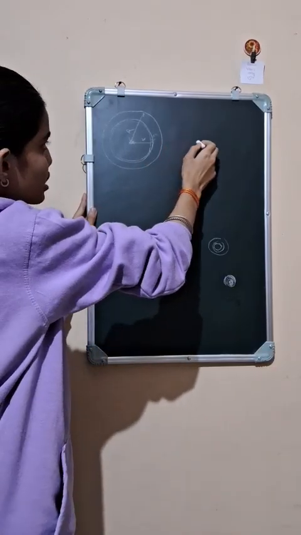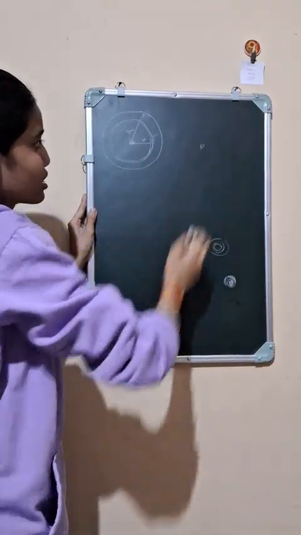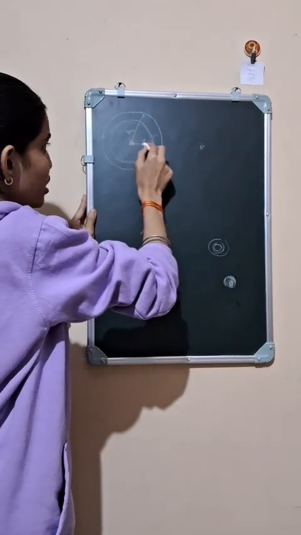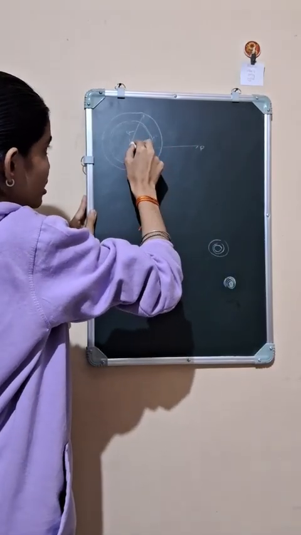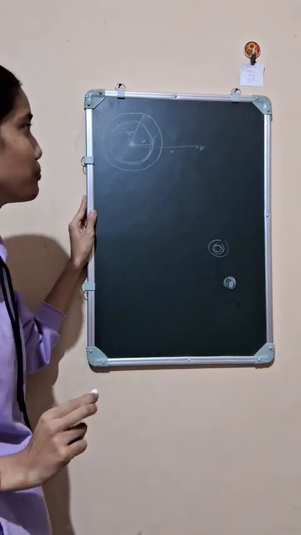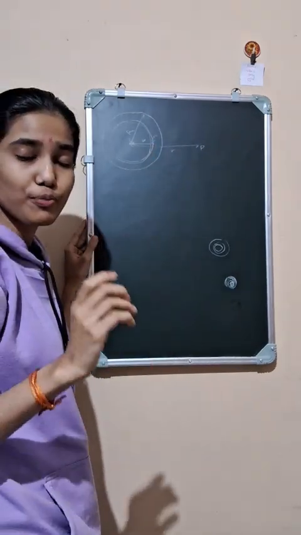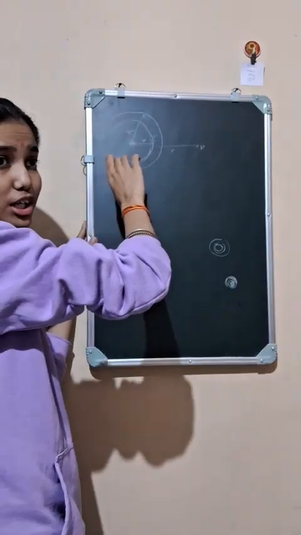So if I consider a point P outside the solid sphere at a distance of small r, then we have to calculate the potential due to this spherical shell.